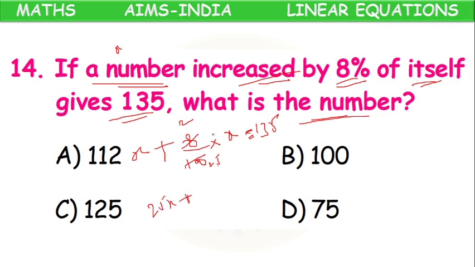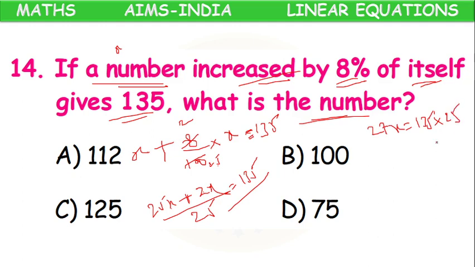So 25x plus 2x by 25 equals 135. 25 plus 2, 27x equals 135 into 25, or x equals 135 into 25 by 27.